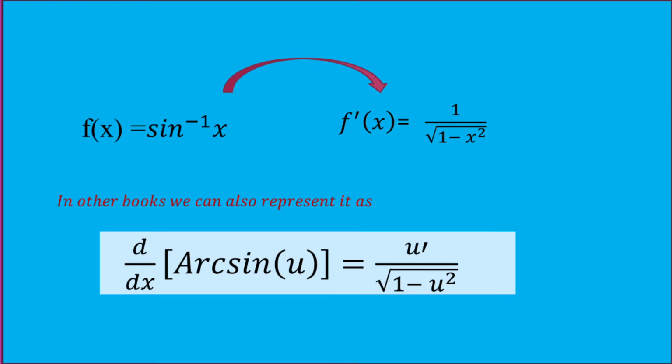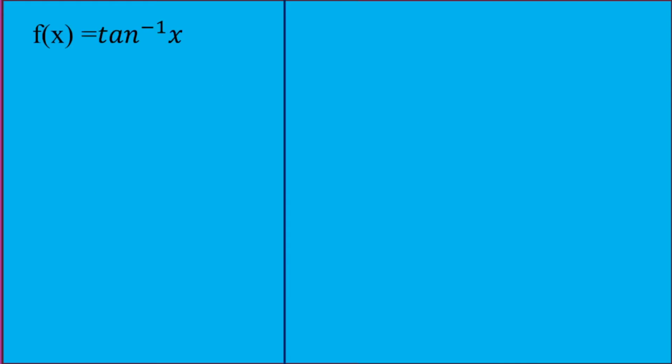Right, we're done with this, so let's move forward to proving the derivative of arctan u, or arctan x. We're going to use x again as our variable. We can show this as y equals arctangent x.